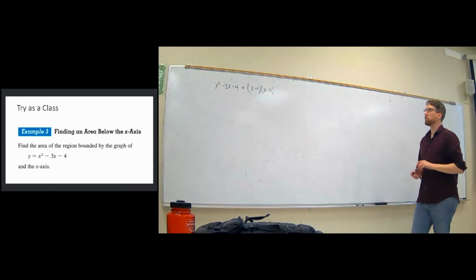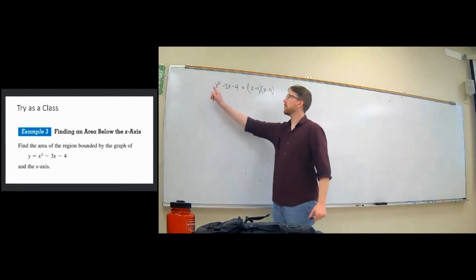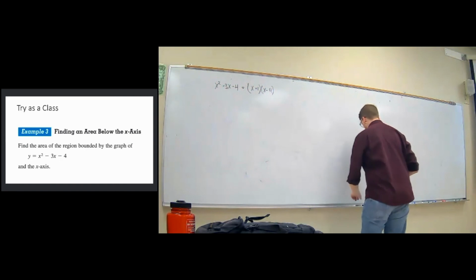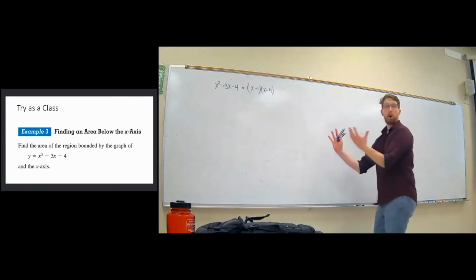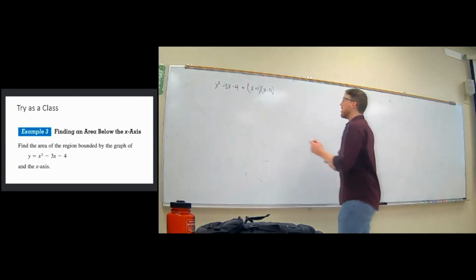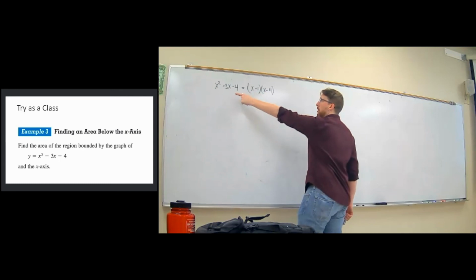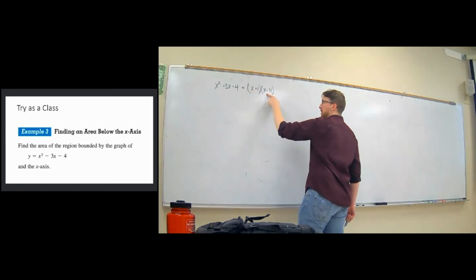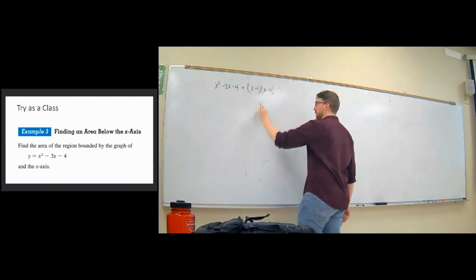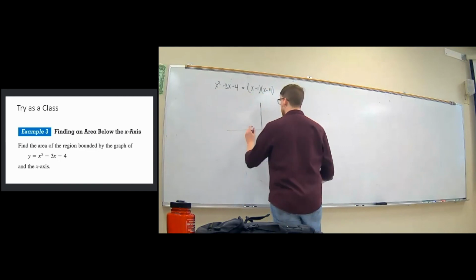Okay. Well, because the leading term, x squared here, is positive, we know that our parabola is going to be a bowl shape, right? It's going to be facing up. And we know that when x is equal to -1, our parabola is going to pass the x-axis. And when x is equal to 4, we're going to pass the x-axis. So it's going to look something like this.